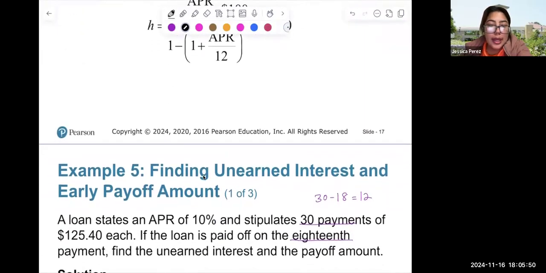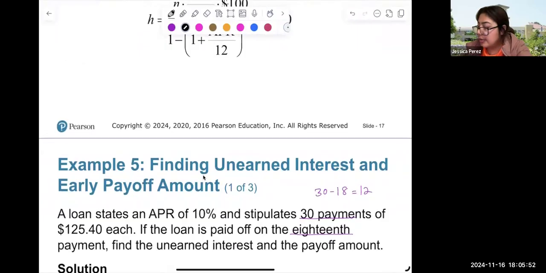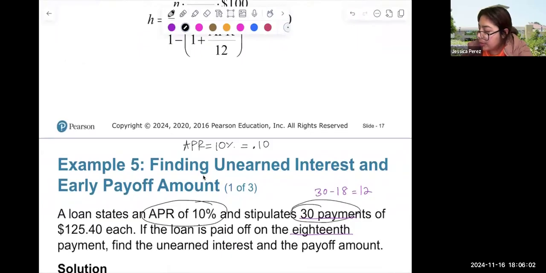So if a loan has an APR of 10%, they're already telling you what the APR is, 10% or 0.10, and stipulates 30 payments of $125.40 each. If the loan is paid off on the 18th payment, find the unearned interest and the payoff amount.